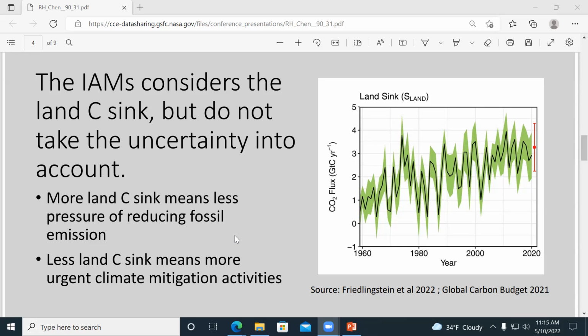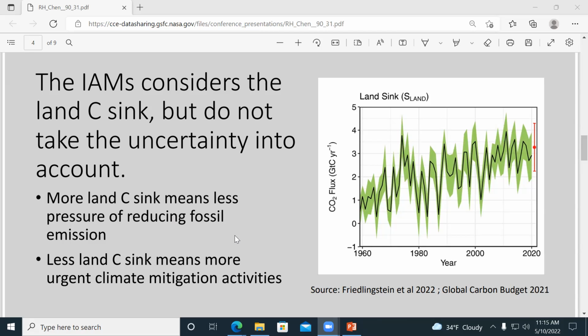If we have more land carbon sink, we have less pressure to reduce fossil fuel emissions. If we have a lower land carbon sink estimate, we probably need more urgent climate mitigation activities.